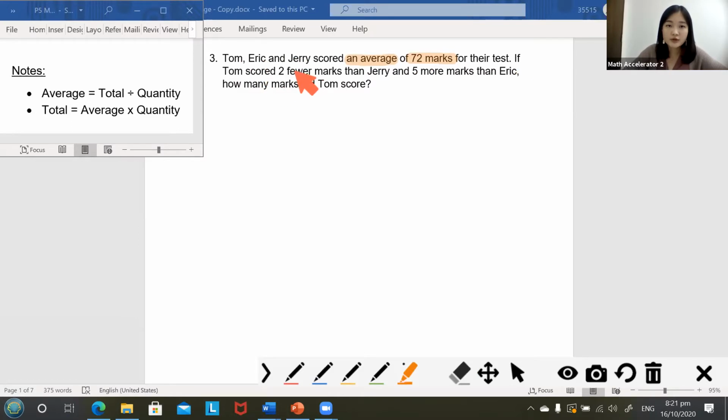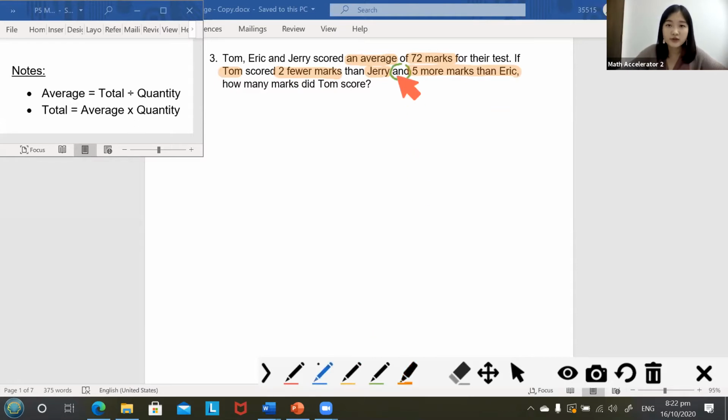If Tom scored 2 fewer marks than Jerry, okay, Tom, 2 fewer marks than Jerry, and 5 more marks than Eric. Right, so this N here is still referring to Tom. Right, Tom scored two fewer marks than Jerry and 5 more marks than Eric.